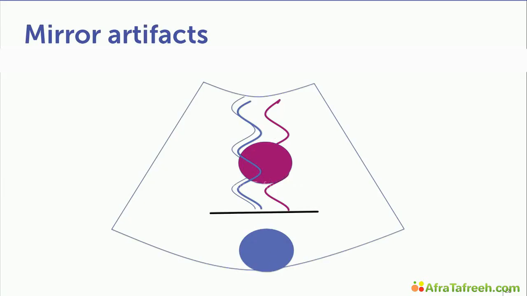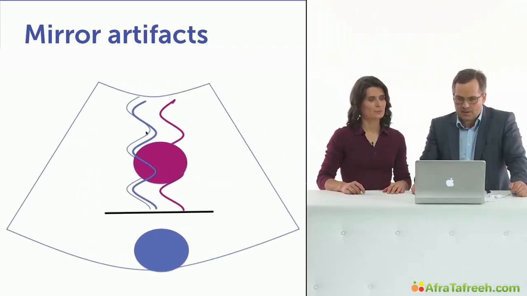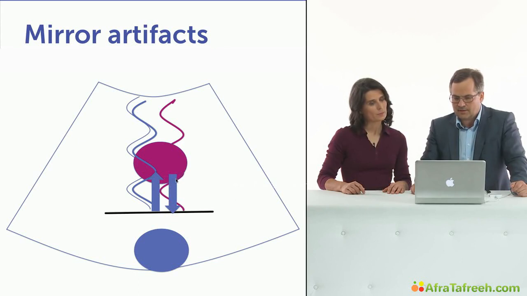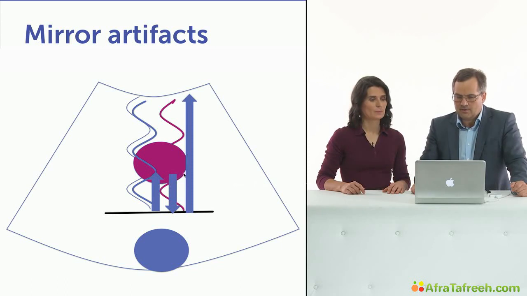So in this figure we can see what happens. The ultrasound wave passes through the tissue, gets to these structures over here, the diaphragm for instance, and is reflected towards this structure. The ultrasound beam is reflected once against the diaphragm and then follows the pathway to the transducer. So we have got one signal over here and another signal from this sonic wave, which passes this way, and this way.